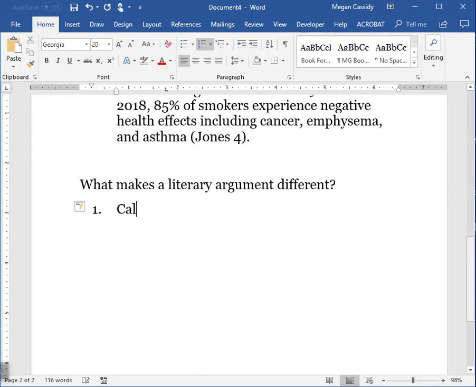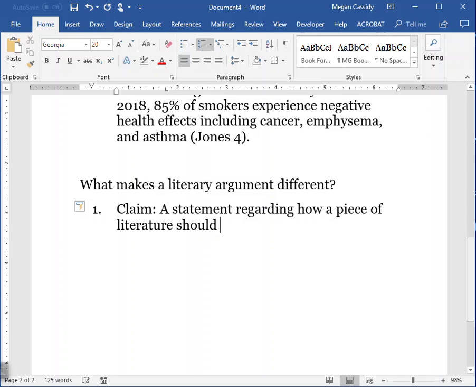And your claim, when you make an argument about a piece of literature, is going to be a statement regarding how a piece of literature, so for this class, that's short stories, poems, plays, how a piece of literature should be interpreted.